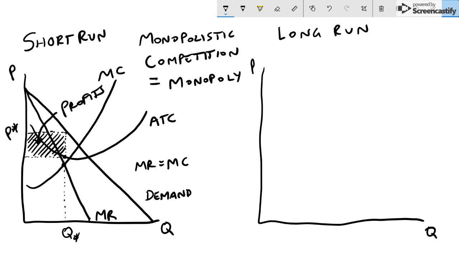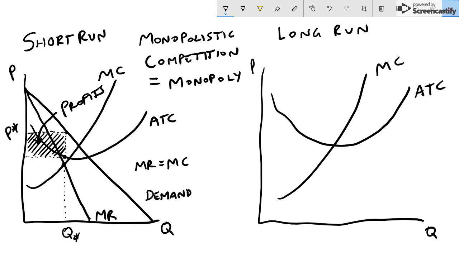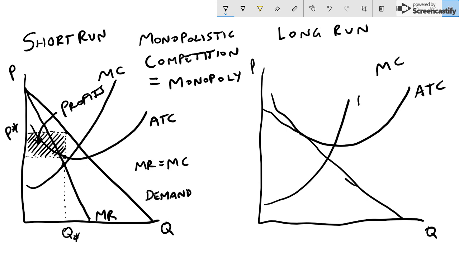So what that ends up looking like is, let's draw our average total cost curve. So we still have the same cost curves, right? They should be approximately similar here. But what ends up happening is that the demand curve, oops, I went ahead and erased my marginal cost curve there.